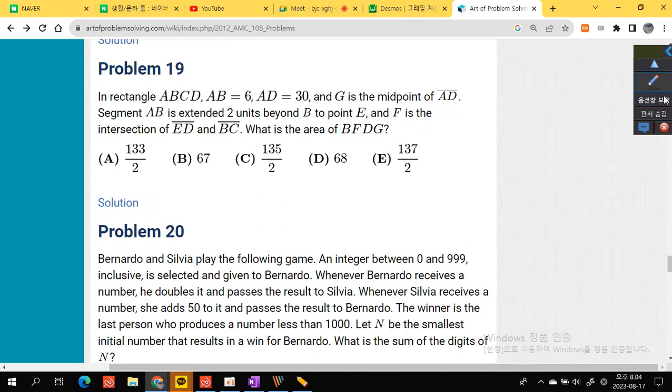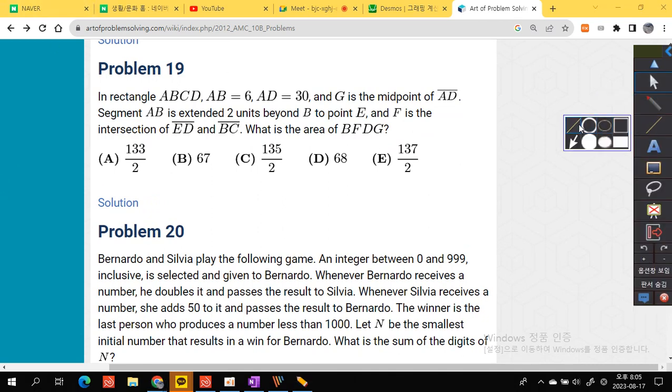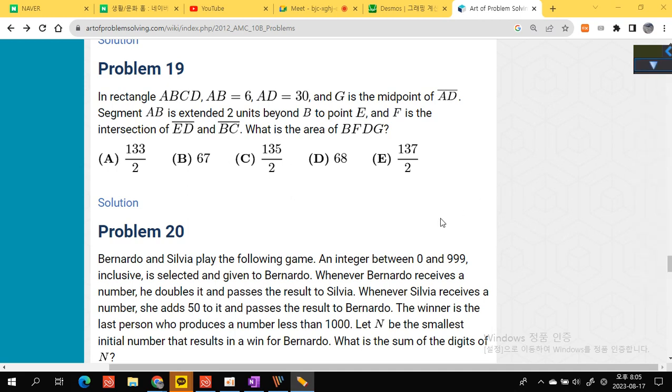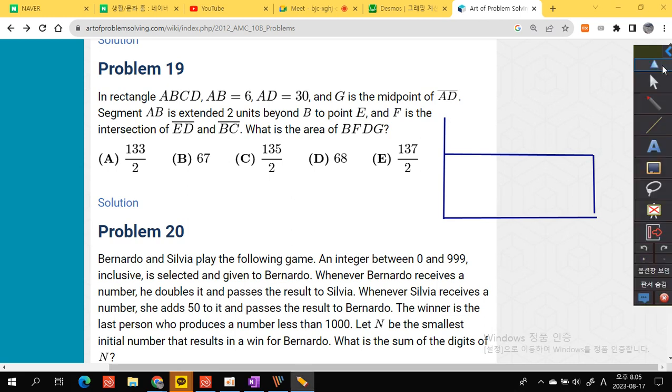And in this problem, yeah, let's make ABCD the rectangle.